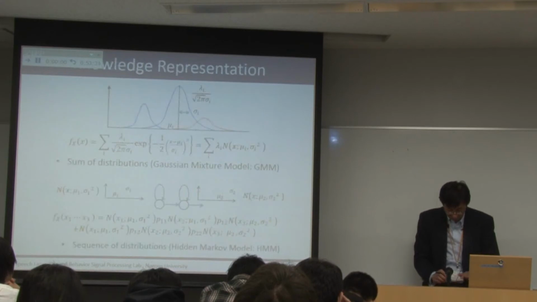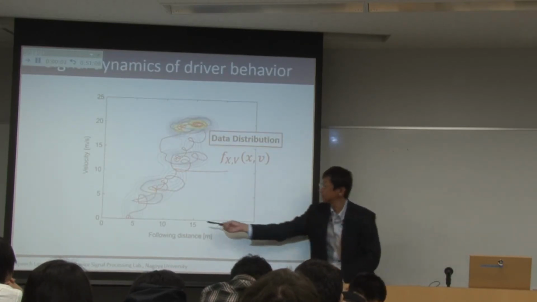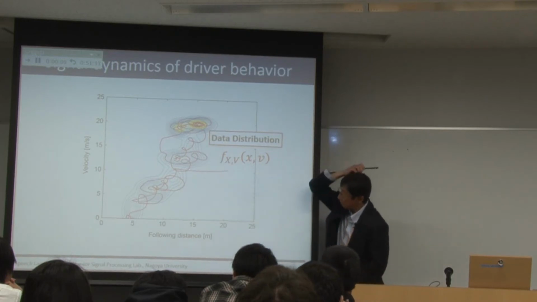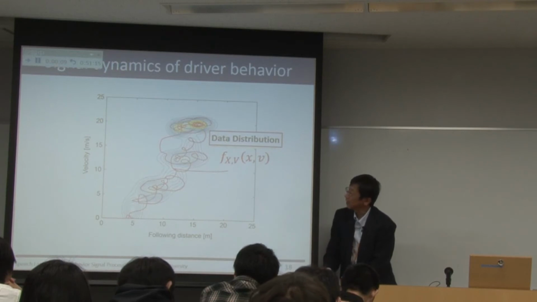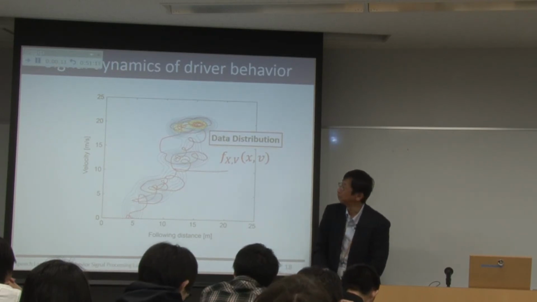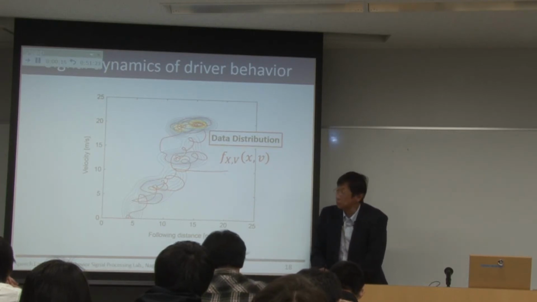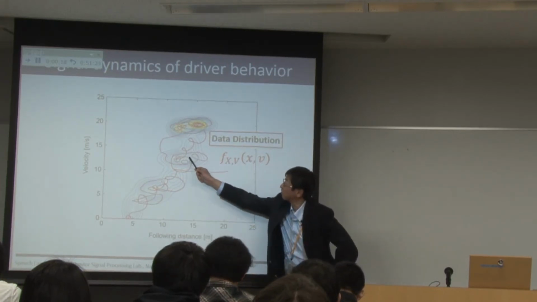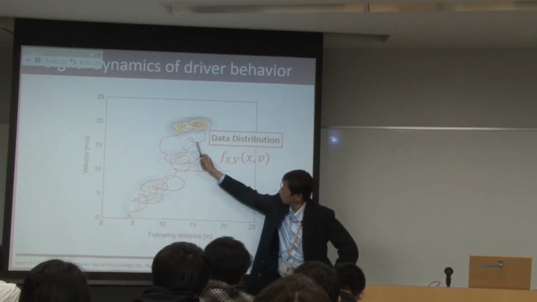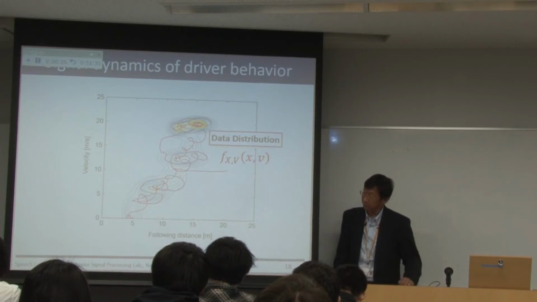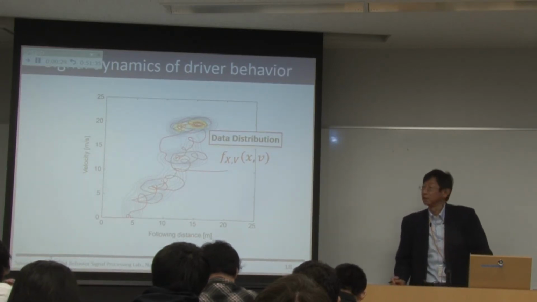So again, please go back to this fundamental figure. We have several states, and if there is a time progress characteristic behind this distribution, for example, if you start here and here and here and here, or something like that, then we can also use a hidden Markov model as a time sequence representation of the data distribution.